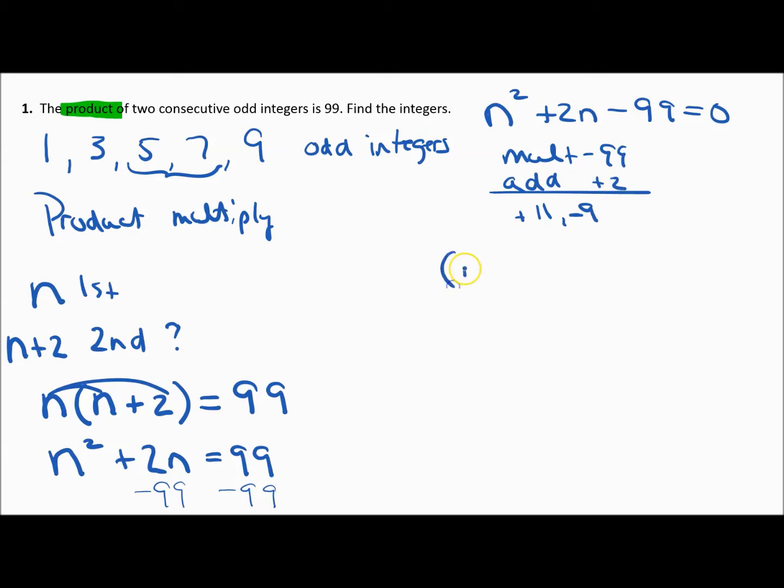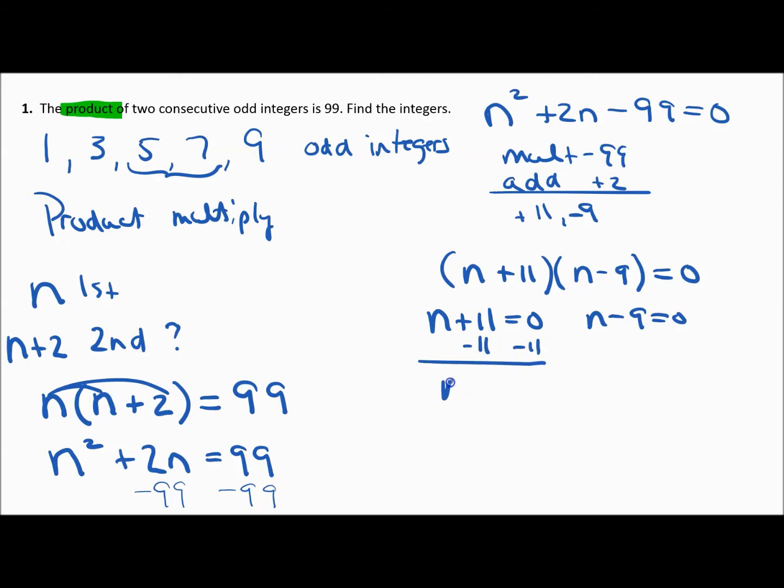So when I factor, I have n plus 11 times n minus 9 equals 0. Then I set each one of these separately equal to 0. I subtract the 11, and I get an answer of n equals negative 11. I add the 9, and I get an answer of n is equal to 9.